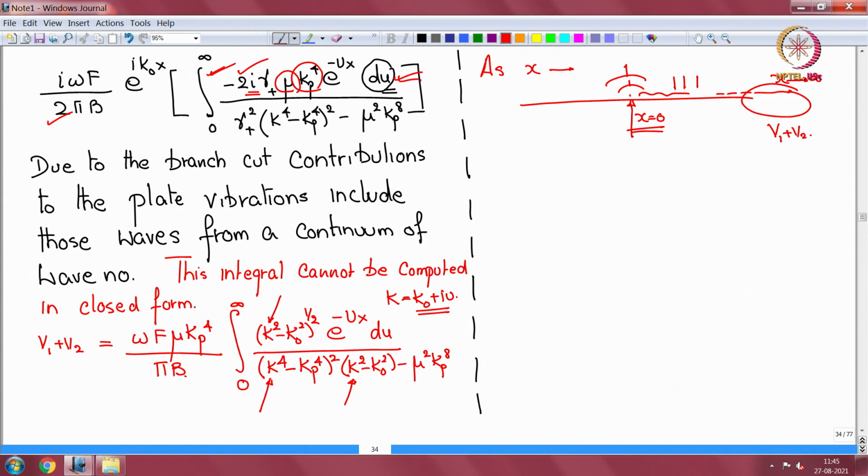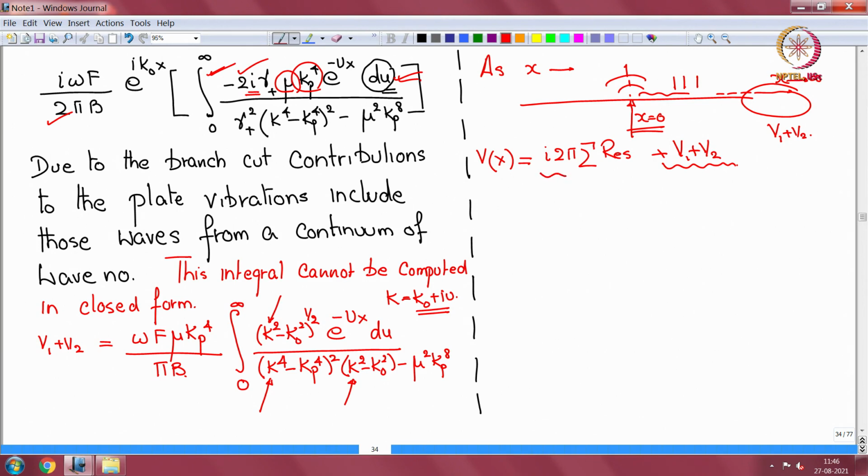Let us not forget that my total velocity field is the sum of residues, which we are yet to calculate, plus V1 plus V2. So we are looking at V1 plus V2 only now.